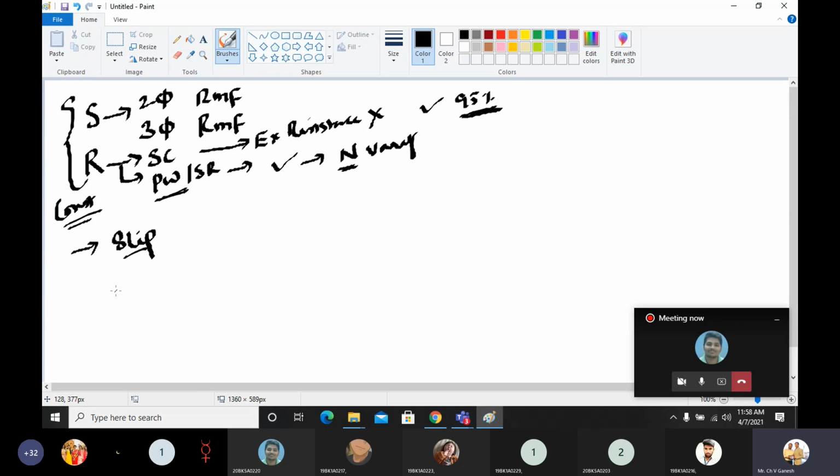Next, we discussed how the torque will be developed in the rotor. All of this we discussed in the classes. Next, we have the torque equations. We will discuss them in the next class.